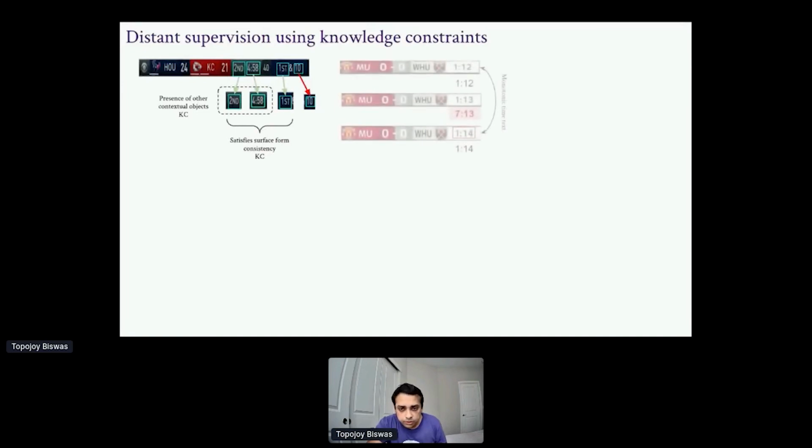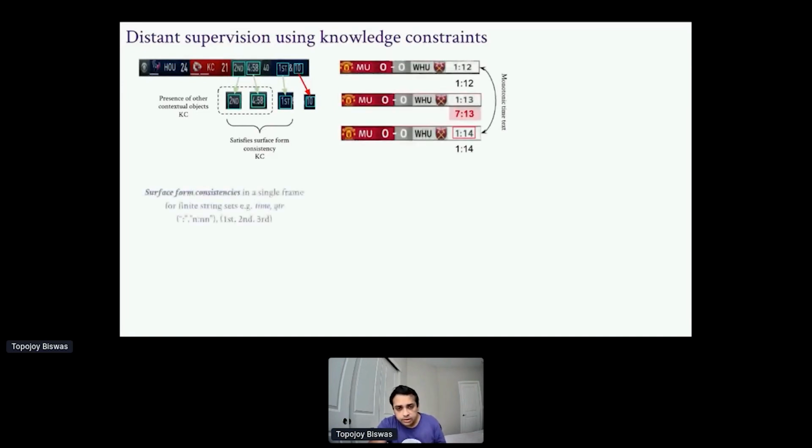Now, the other thing about clocks is that you can sequence them while identifying them. If you look at 1:12, which is being identified properly, if you look at surface forms of the clock, this is being identified properly. And the surface form for 1:14 is also being identified properly. So you can say that these two are times. And so is the case of this clock.